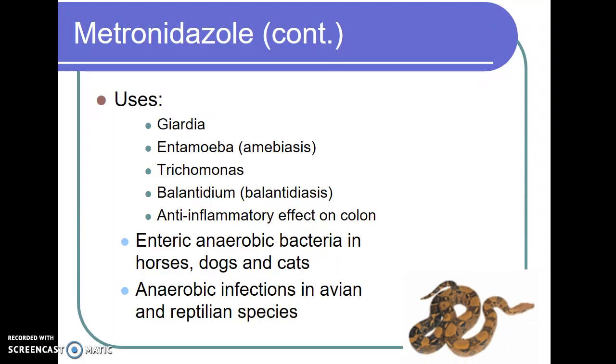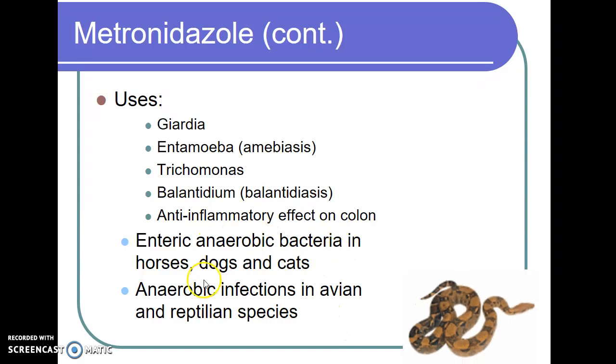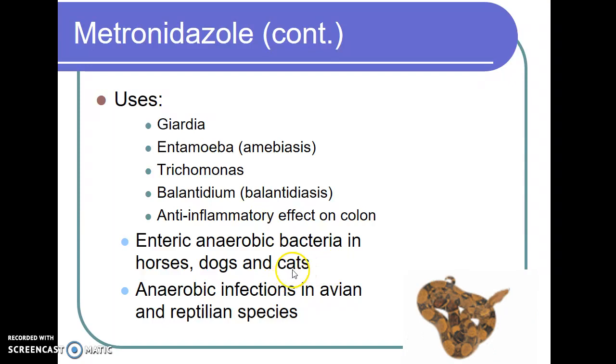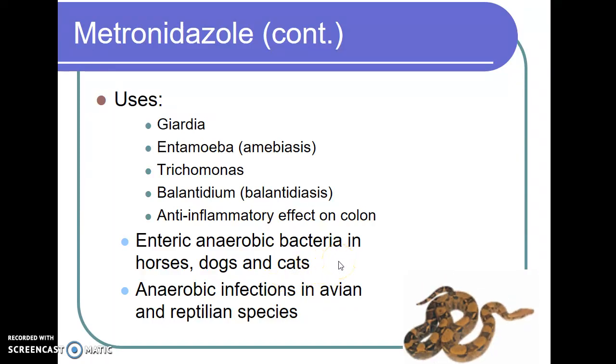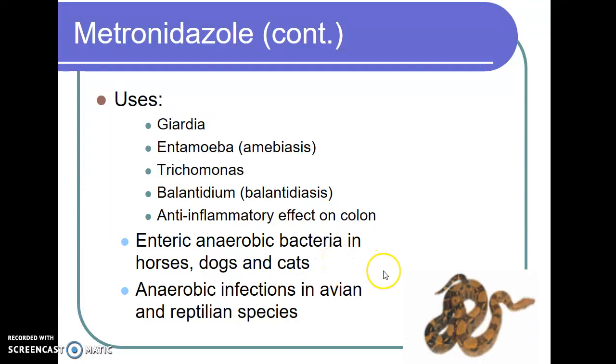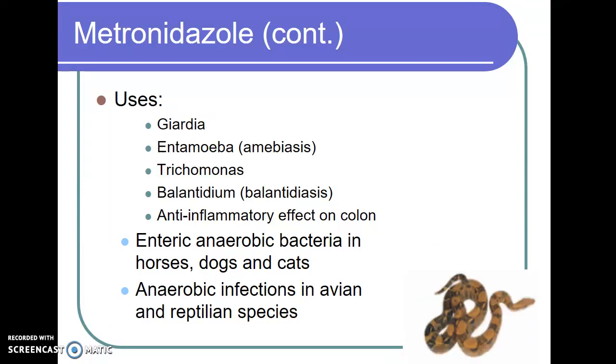So it does have that property. So enteric, anaerobic bacteria in horses, dogs, and cats. It doesn't get metabolized quite as well in cats, so we have to be really careful with the dosage with them. And then we also use it in anaerobic infections in bird and reptilian species.